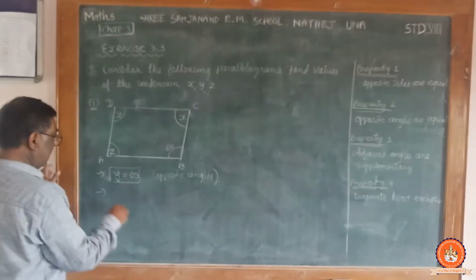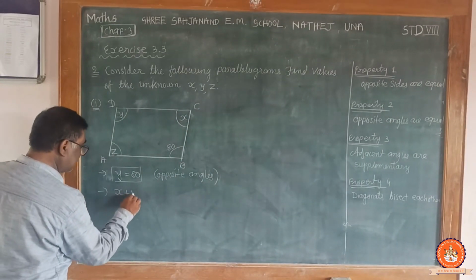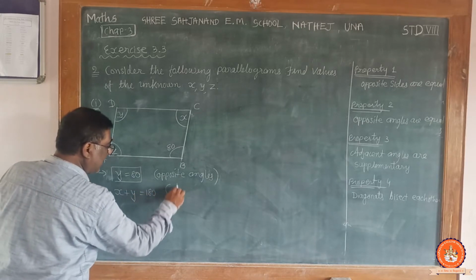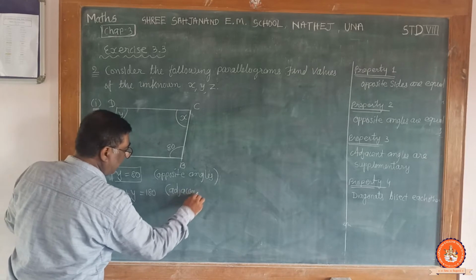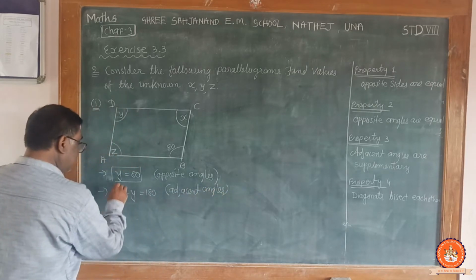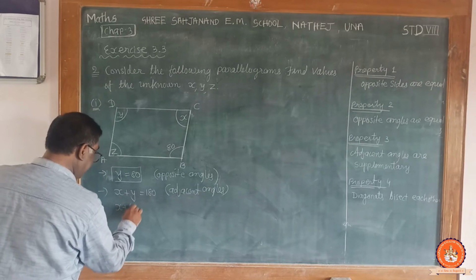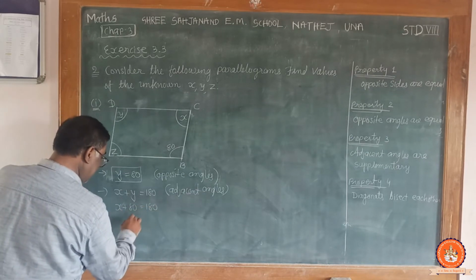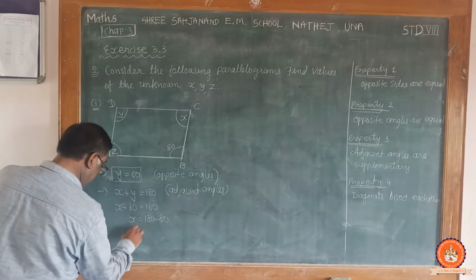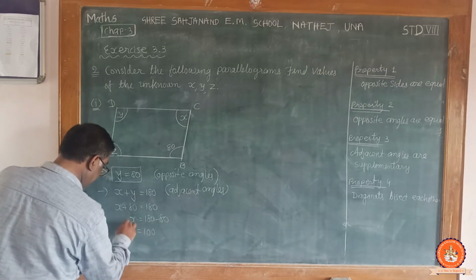So x plus y is equal to 180. So x plus 80 is equal to 180, so x is equal to 180 minus 80. Therefore x is equal to 100.